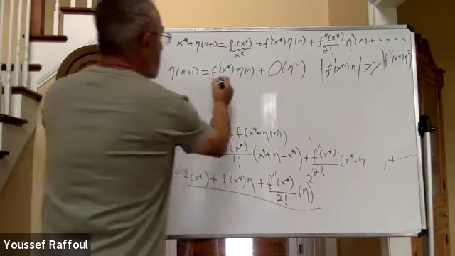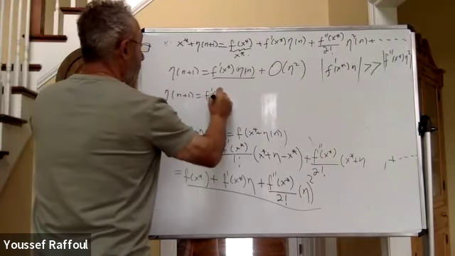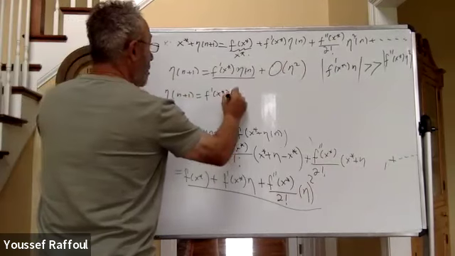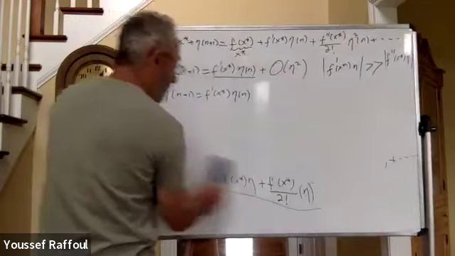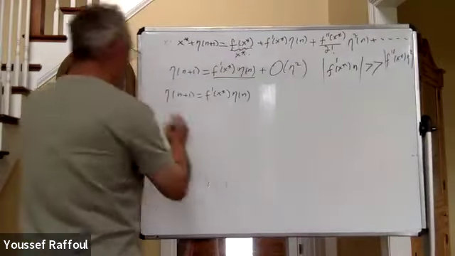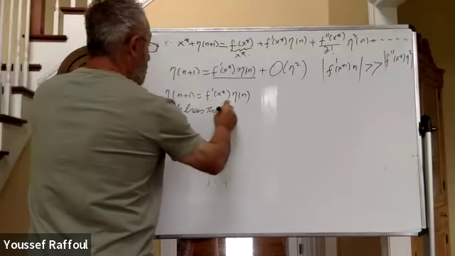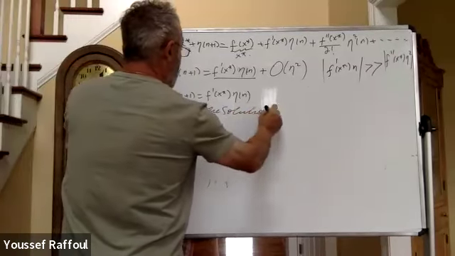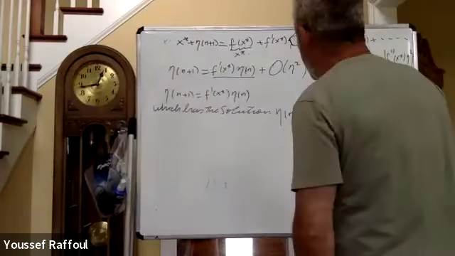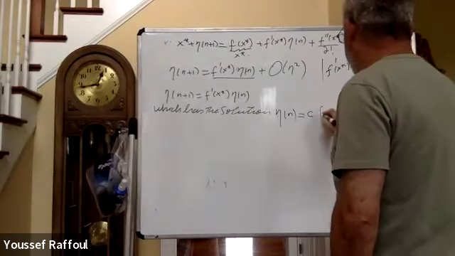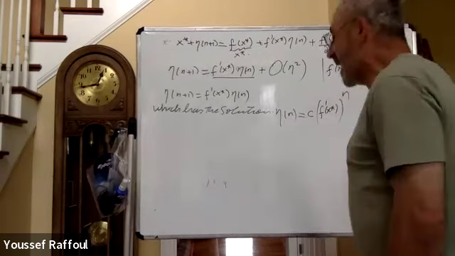So we're gonna solve this system here. So we have eta of n plus 1 equal f prime of x star eta of n. All right. So which has the solution eta of n equal to some constant times f prime of x star to power n.